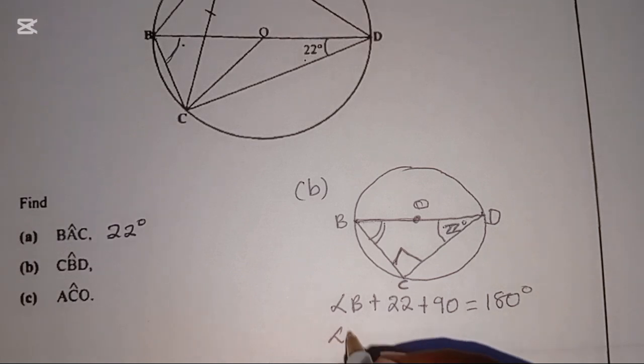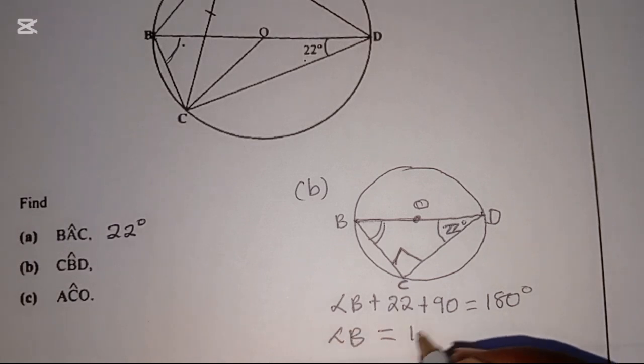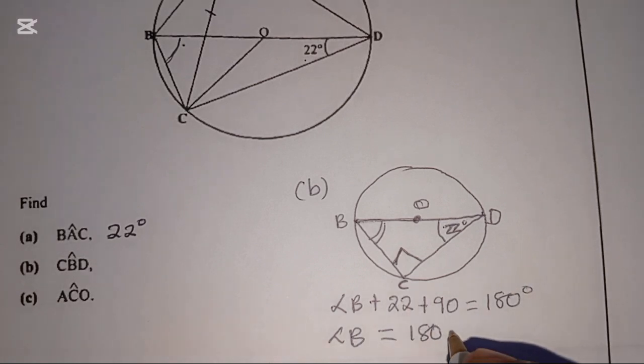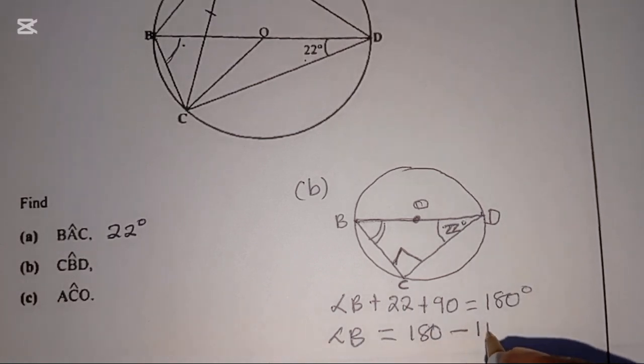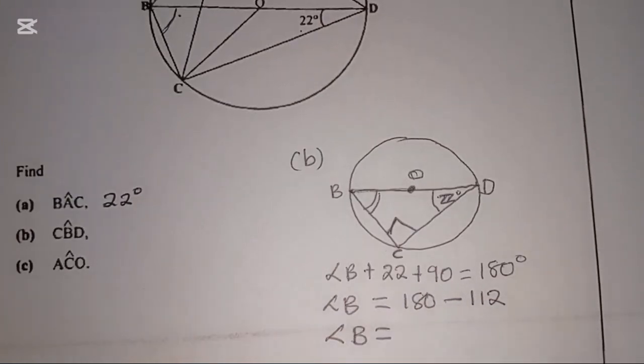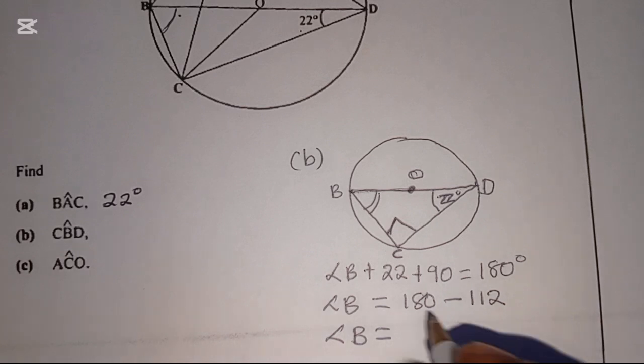So angle B is equal to 180 minus 22 plus 90, I'm going to have 112. So 112 goes to the other side, it is going to be negative 112. So angle B is equal to 180 minus 112. The answer is 68 degrees.